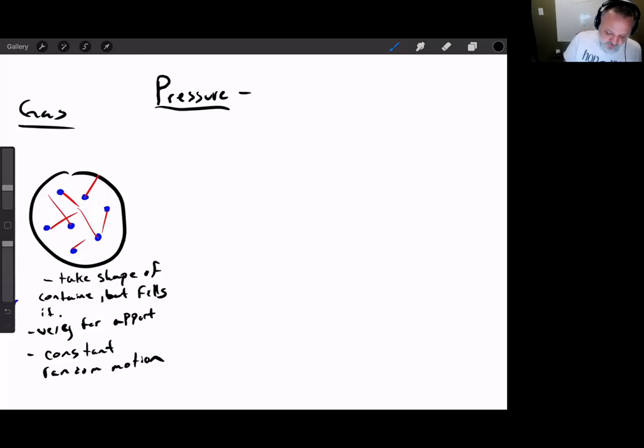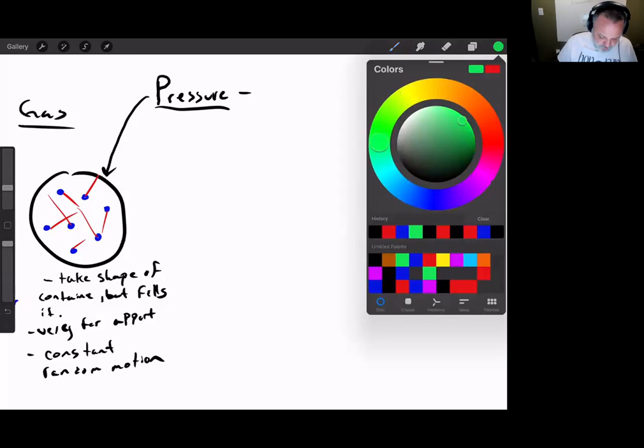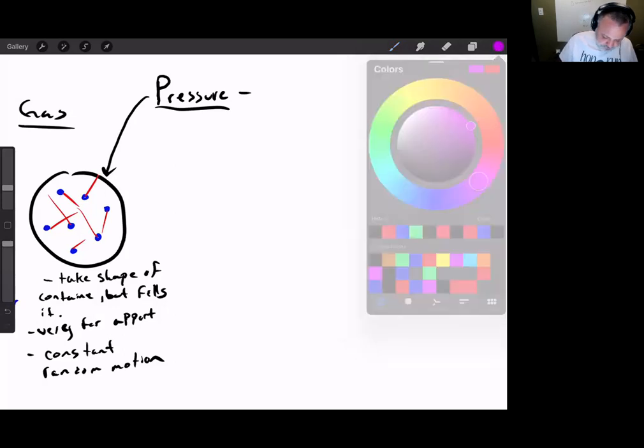What I want to do now is talk about the pressure of a gas as it relates to the definitions of the particles that make up a gas. When we look at the picture, we said here we've got some particles. They're very far apart, but they're in constant random motion. So let's take a look at one of these particles. Let's look at this particle right here. I'm going to use the purple.